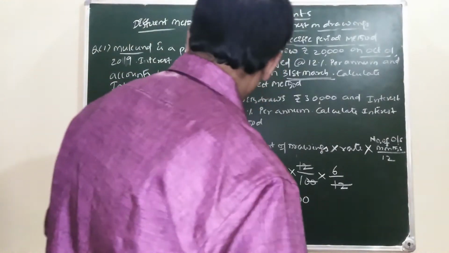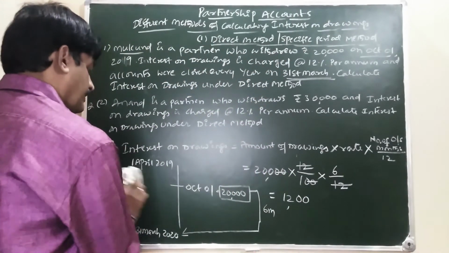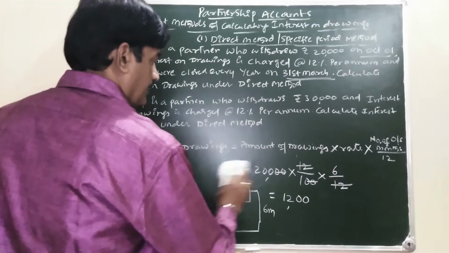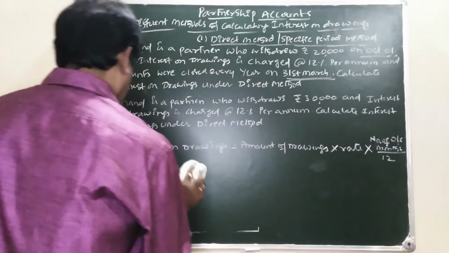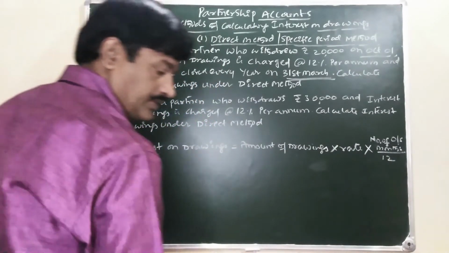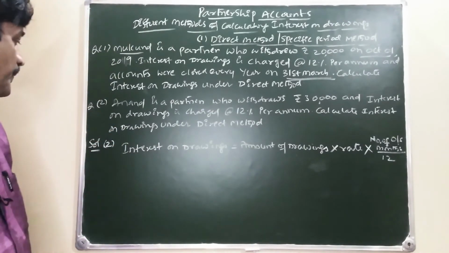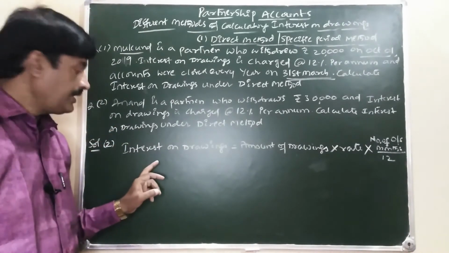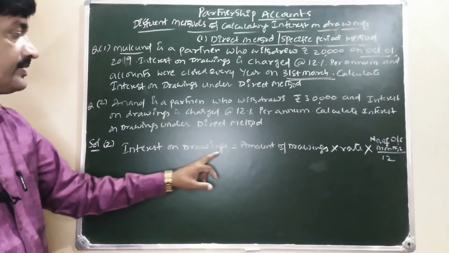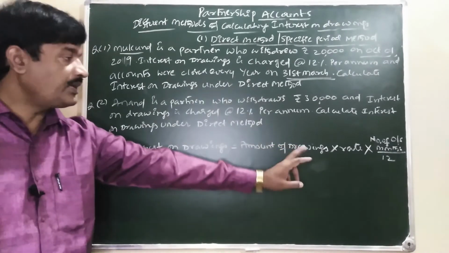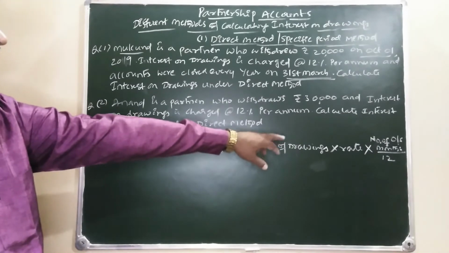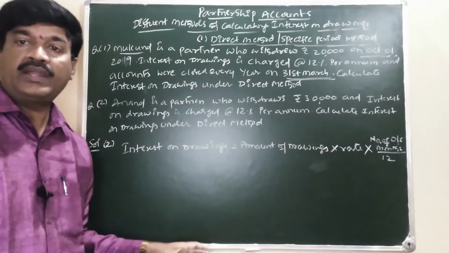Now, solution for question number 2. By writing the formula, interest on drawings is equal to amount of drawings into rate into number of outstanding months divided by what?